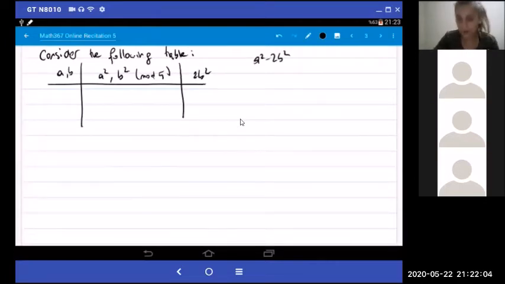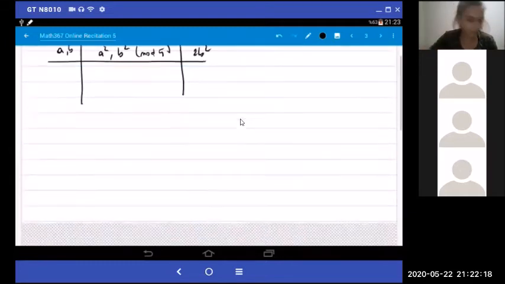Whether a + b√2 is divisible by 5 means that the coefficients a and b are divisible by 5 or not, right? So I'm going to look at this one.